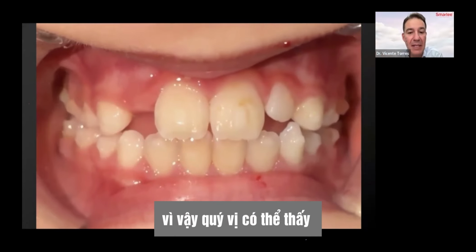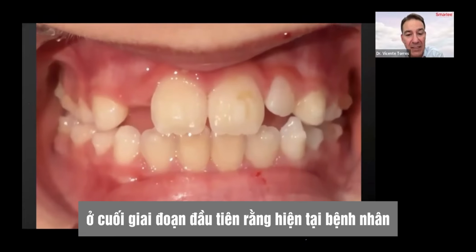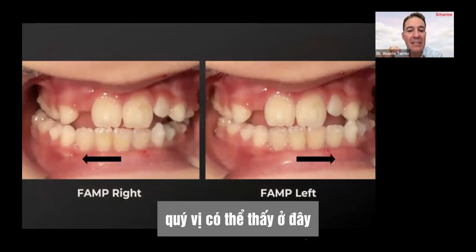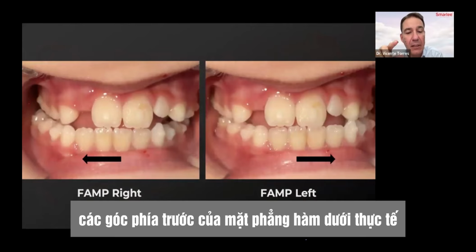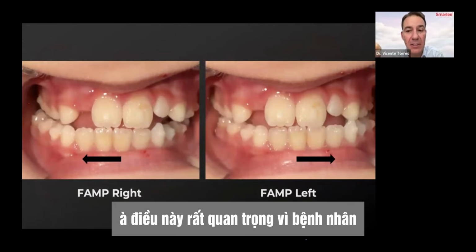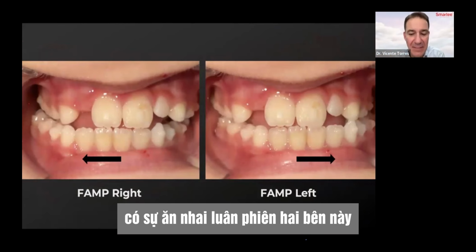So you can see at the end of the first phase, the patient already has this bilateral alternating mastication. You can see here in the right and the left, the frontal angle of the mandibular plane are practically balanced and symmetrical on both sides. And this is very important because the patient has this bilateral alternating mastication.